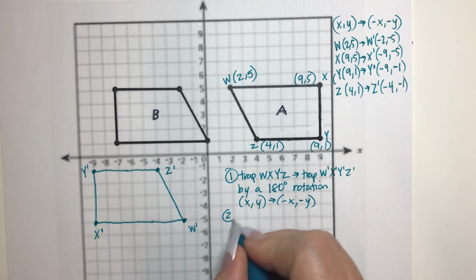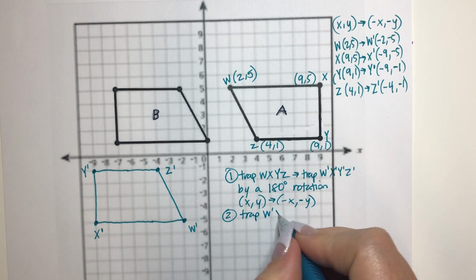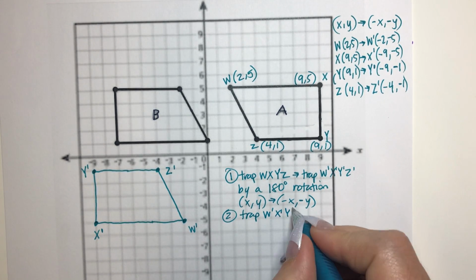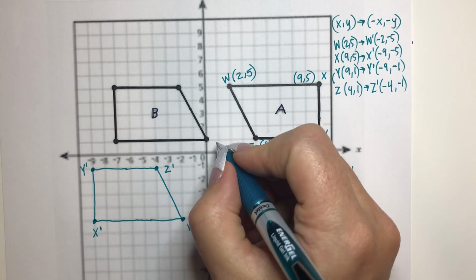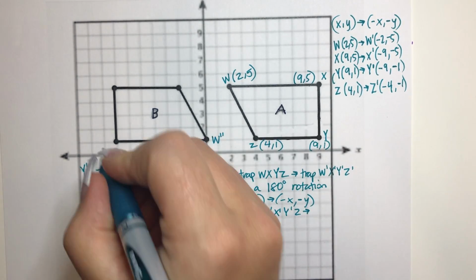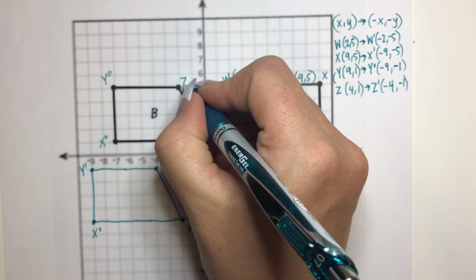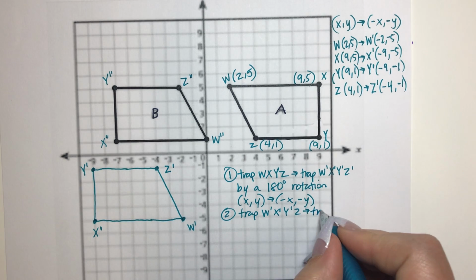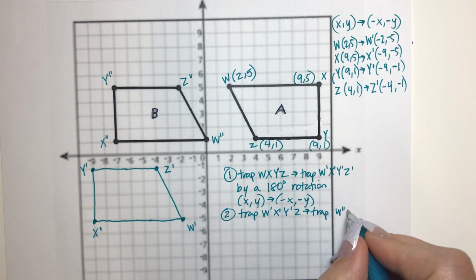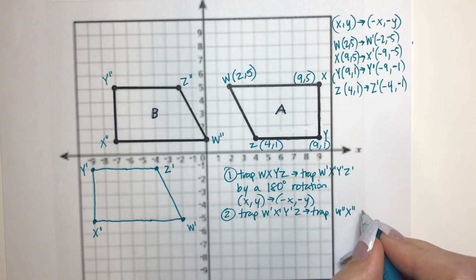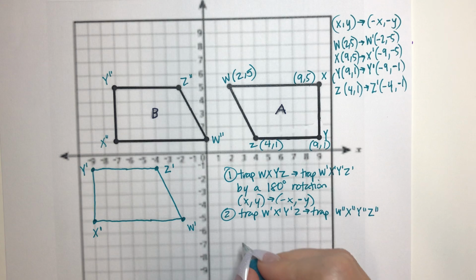And then number 2, trapezoid W prime, X prime, Y prime, Z prime goes to, let's call this, trapezoid W double prime, X double prime, Y double prime, Z double prime.